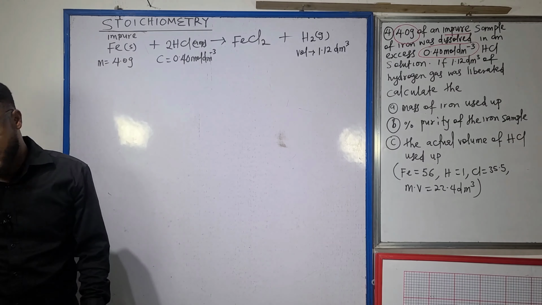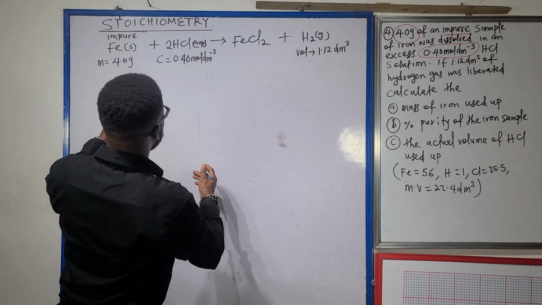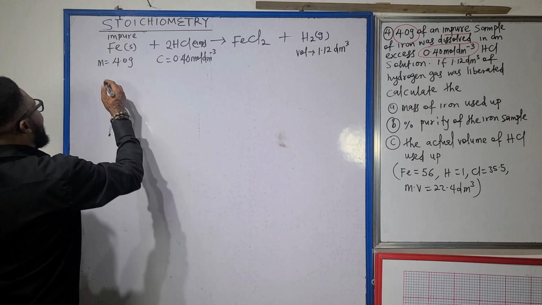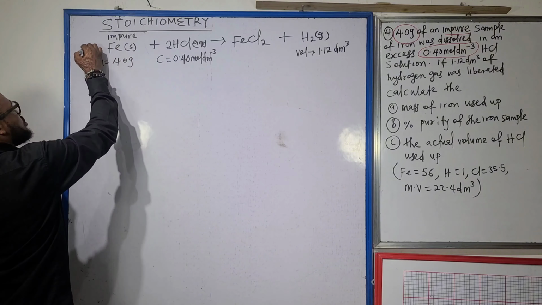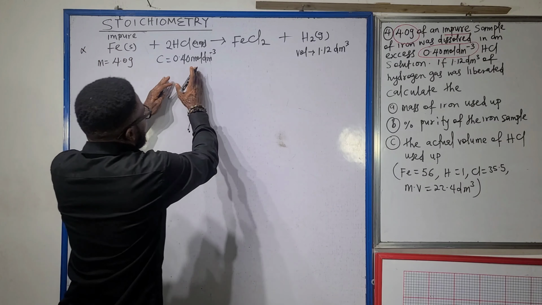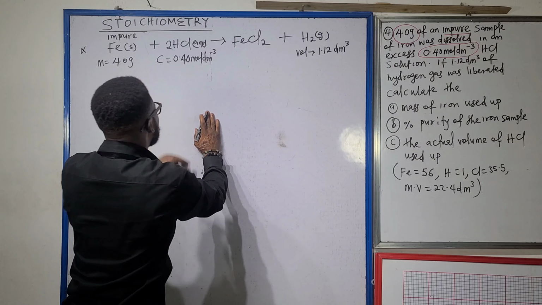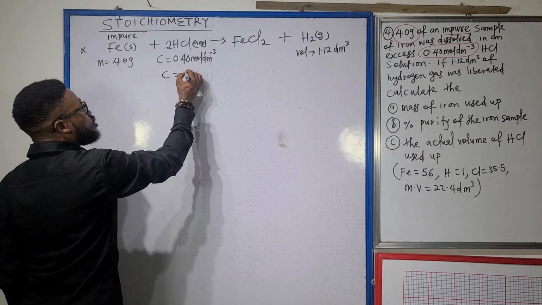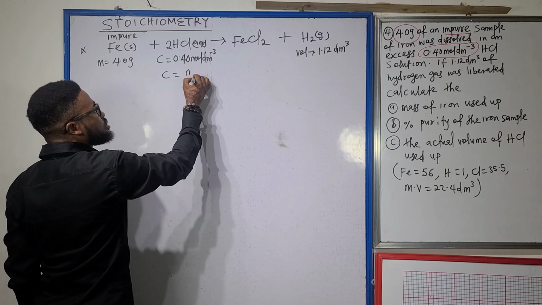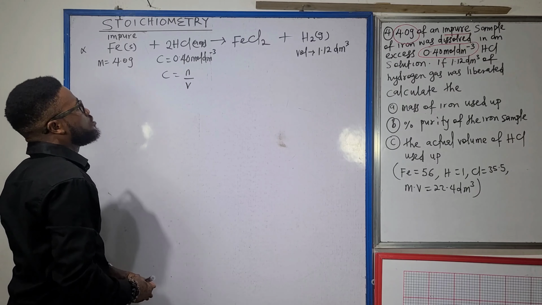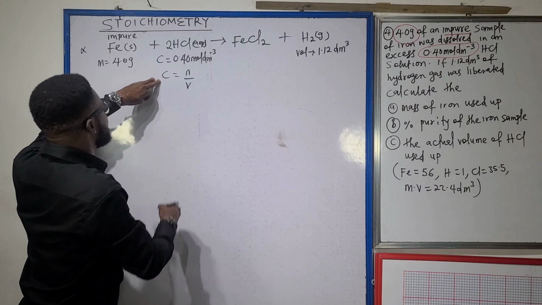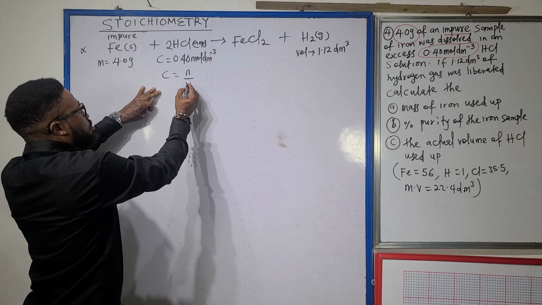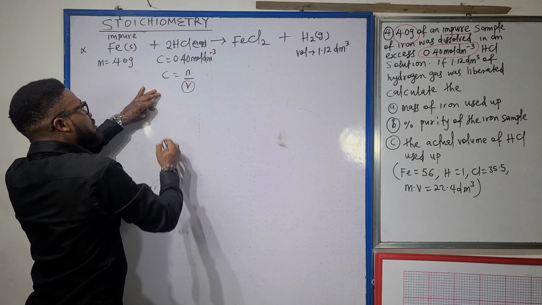Now here we are. The first thing is this: it is still stoichiometry. I cannot choose this as my key. When I come here talking about concentration, we all know that concentration equals number of moles divided by volume in dm cube. I am given the concentration, but I was not given the volume.